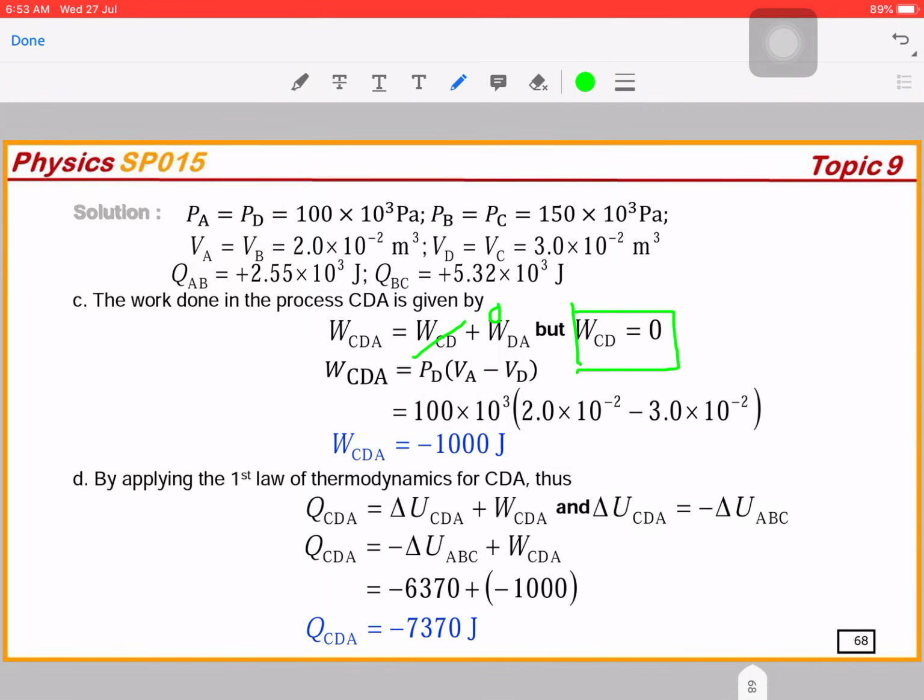You will have 7,370 joule. Okay, negative. Look at this one. You can just use this one because the values are the same, just reversed, so it is negative.